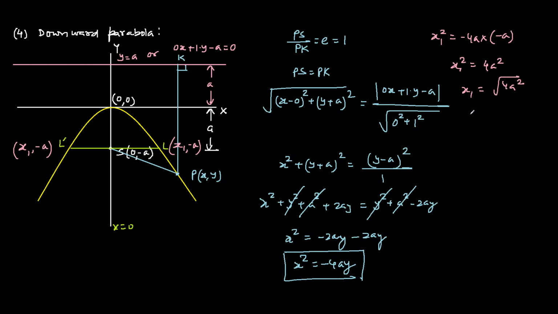This x1 has two values, one is positive, another is negative, which is plus minus 2a. So we can write the coordinates of L and L dash as: L is 2a comma minus a and L dash is minus 2a comma minus a, and the distance of this L and L dash is the length of latus rectum, which is 4a.